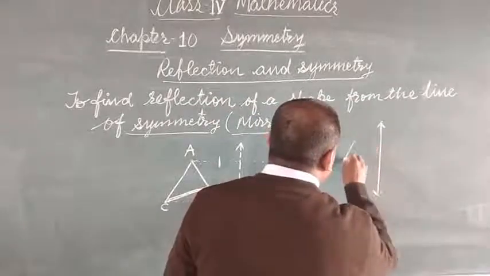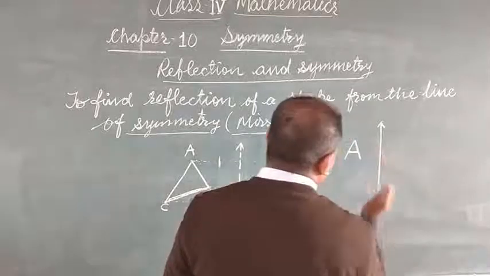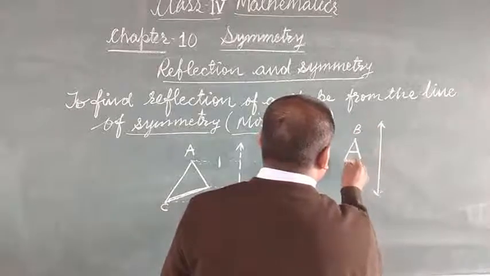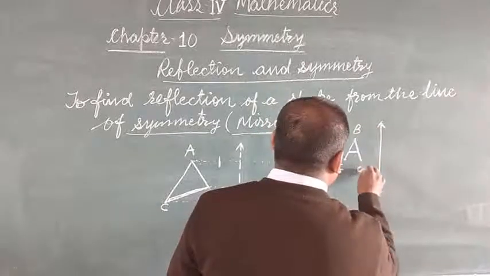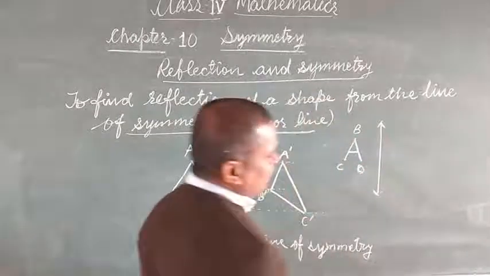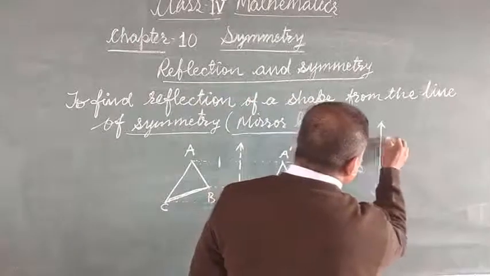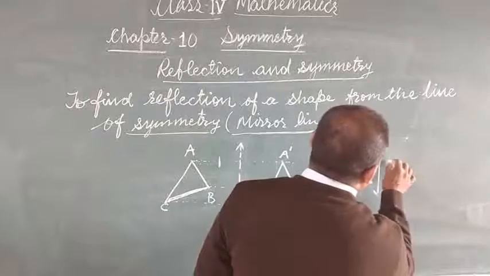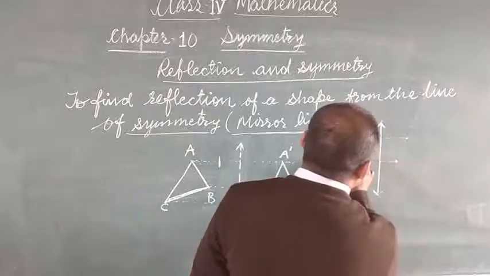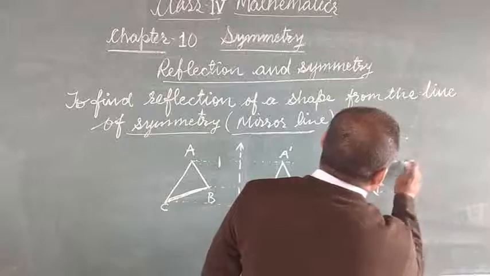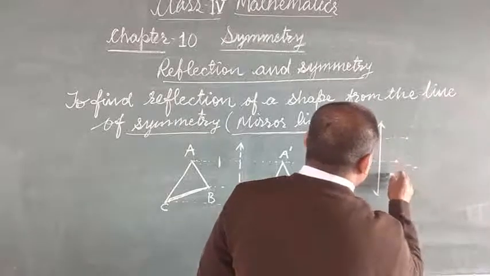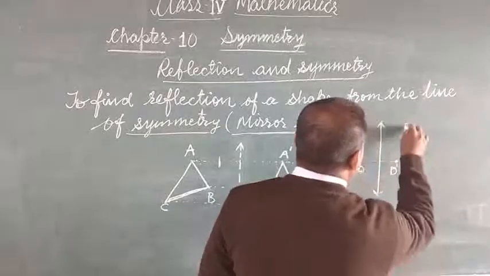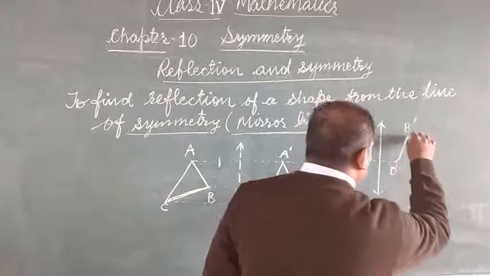We have the letter A. So we simply take these points B, C and D. We take the same distance from here, A, from here, B, and for this we take distance C. So we write B dash, D dash, here we write C dash, and then we draw like this.